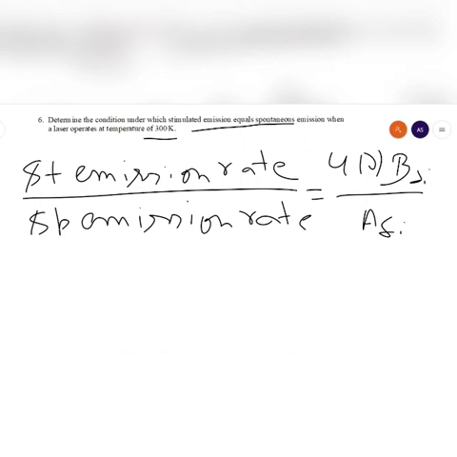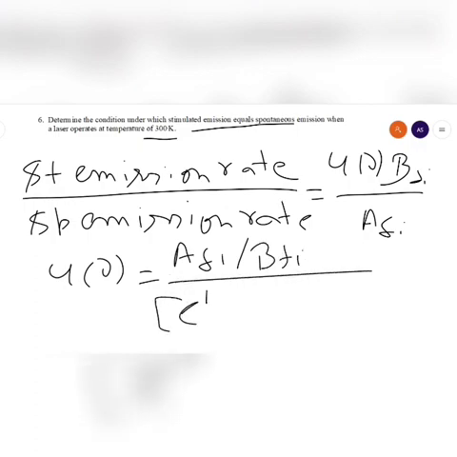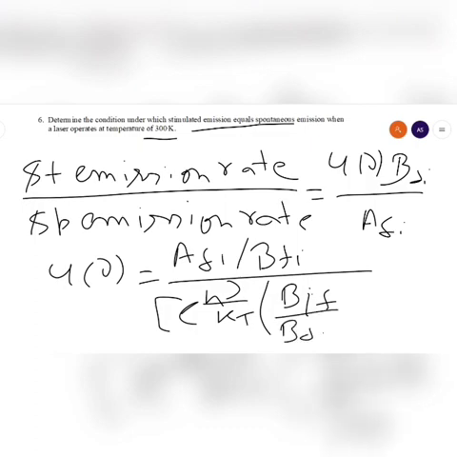And also you know the energy density from the Einstein relation is equal to A_fi divided by B_fi into 1 upon e to the power h nu by kT into B_if divided by B_fi minus 1.